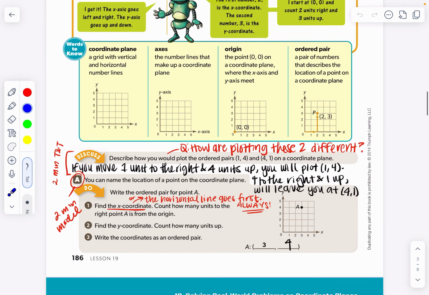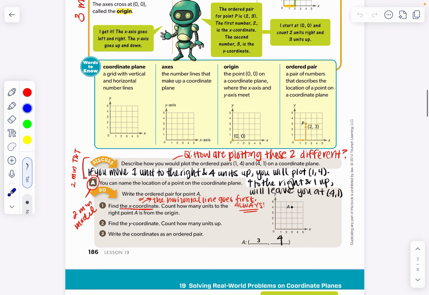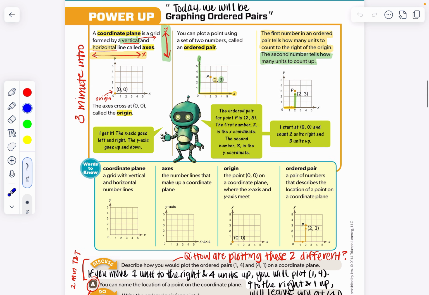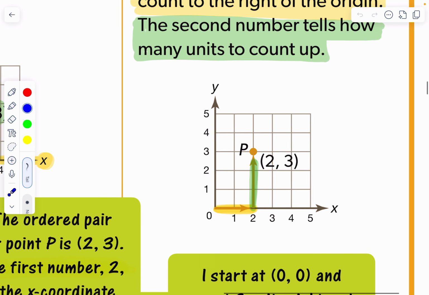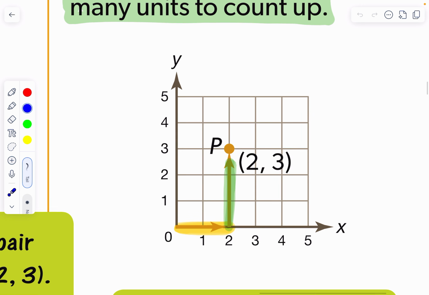Based on that model, you can launch students into a 2-minute turn and talk. Describe how you would plot the ordered pairs 1, 4 and 4, 1 on a coordinate plane. You may even want to ask them, how is plotting these points different? If students are struggling to conceptualize, you can tell them to utilize the coordinate grid right here.